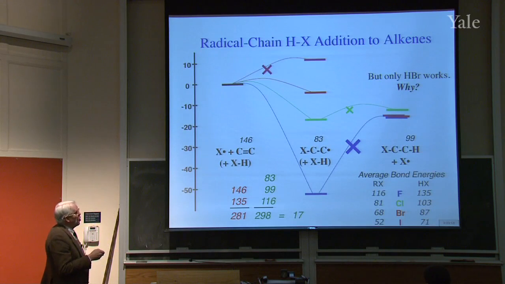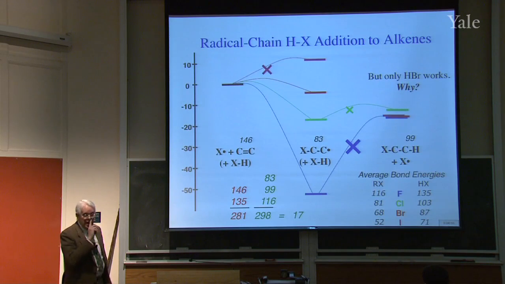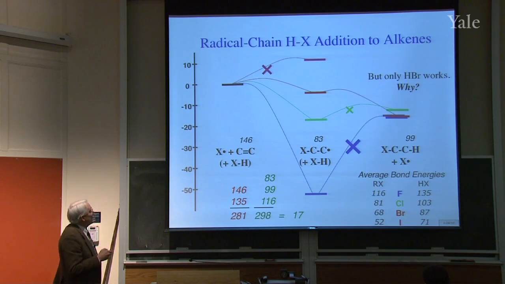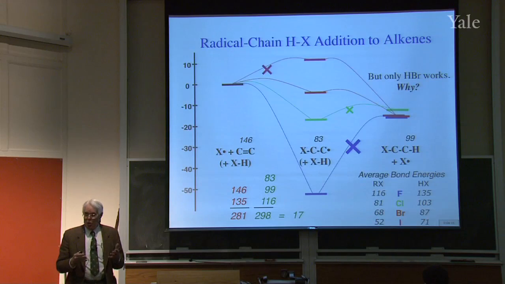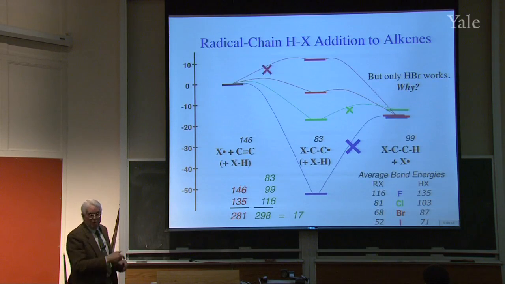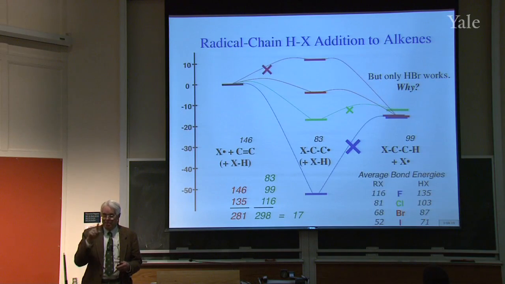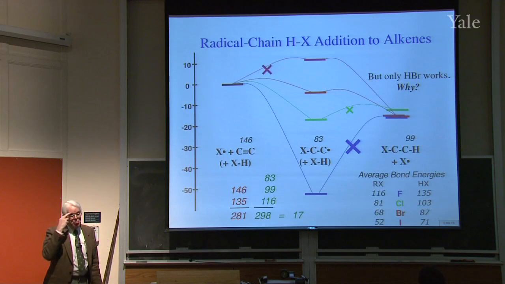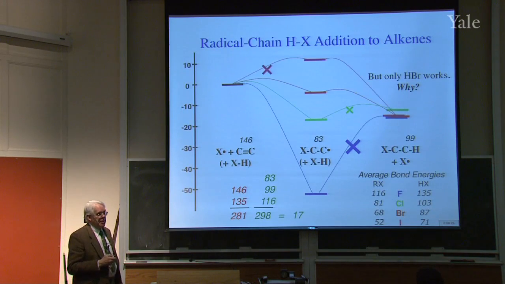And in the case of chlorine, the second step is also a little bit endothermic, so it's not very fast, right? But in the case of bromine, it's exothermic again. In the case of iodine, it would be exothermic, but the first step is where the machine coughed, okay? So only bromine is set up to do both of these relatively rapidly.